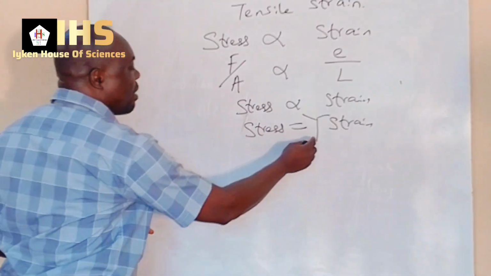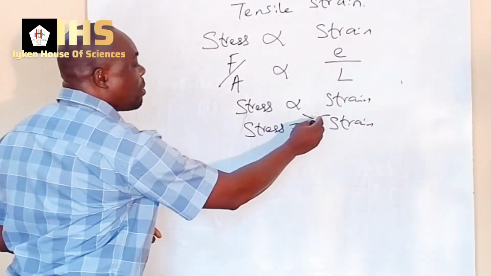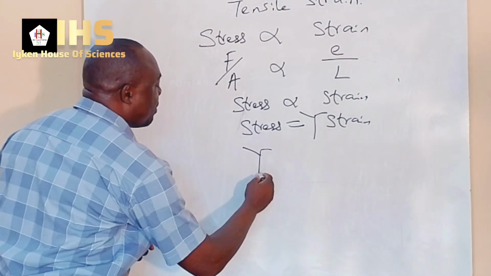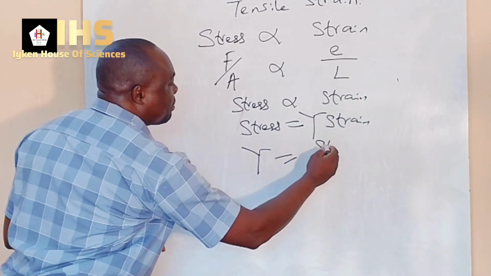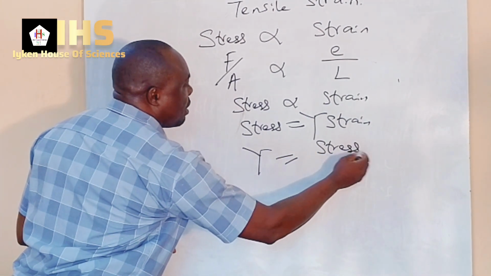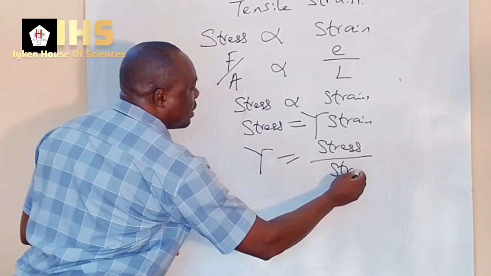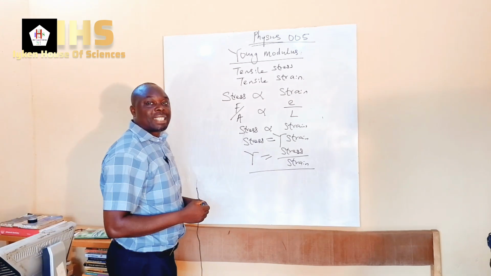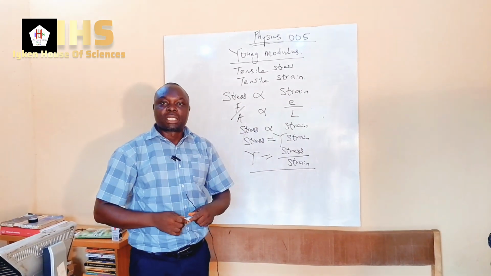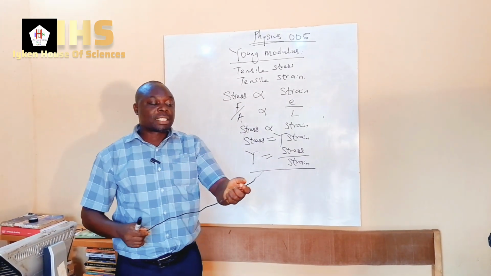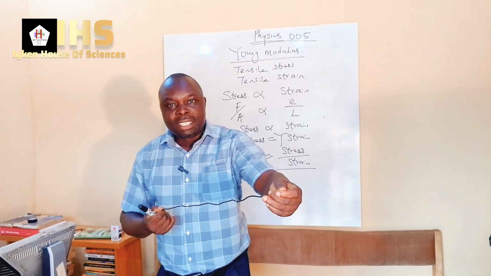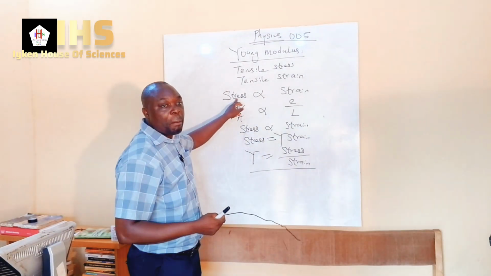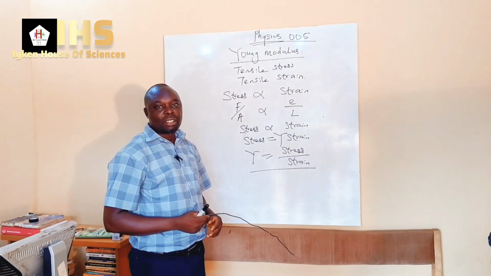If I make Y the subject, the Young modulus is equal to stress over strain. So we can state Hooke's law the other way around by saying that if the elastic limit of this wire is not exceeded, the stress is proportional to strain.